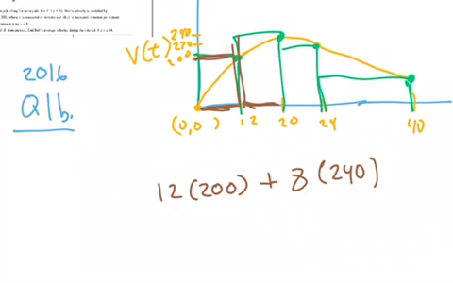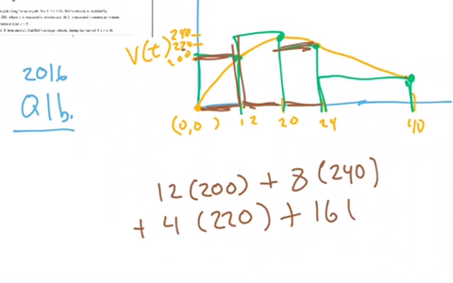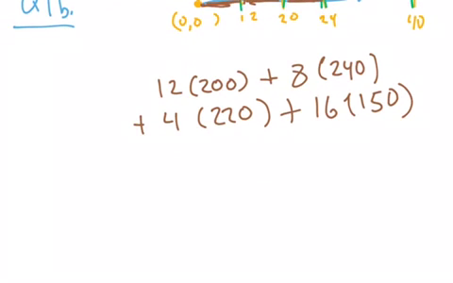Then the base is 4, the height is 220. And the base, 24 to 40, is going to be what, 16? And the height goes here. We said this was 150. All I got to do now is add these up, and I win.